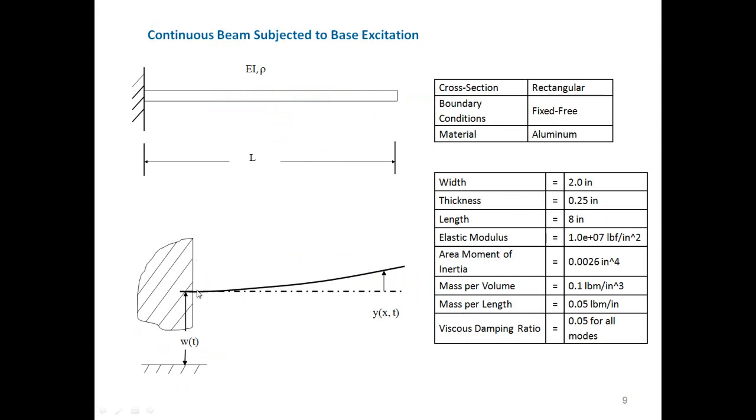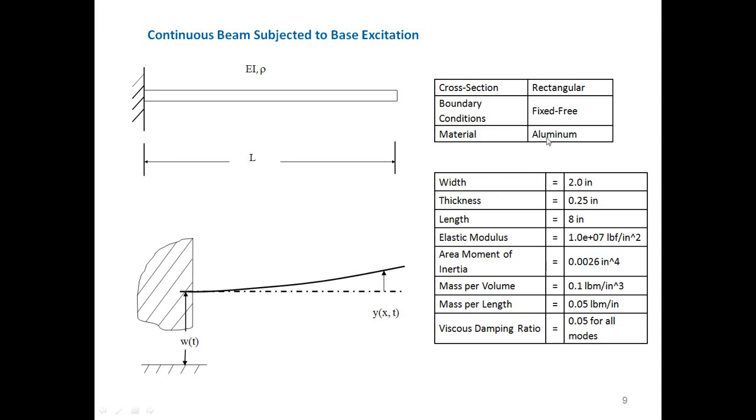So this beam is fixed-free, but when we say fixed-free, that's for the purpose of doing the normal modes calculation. And otherwise, we could say it's going to be subjected to a base input, but it's probably more proper to say we're going to apply a forced acceleration at the otherwise fixed node.